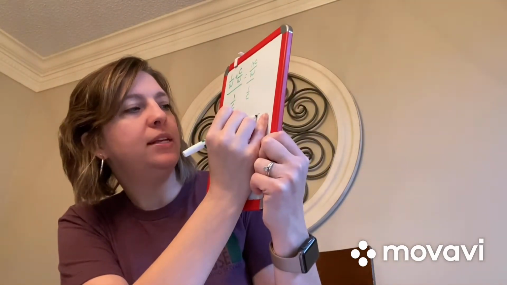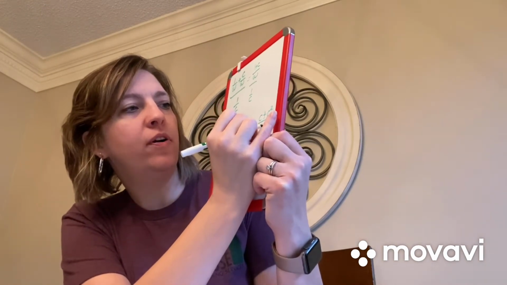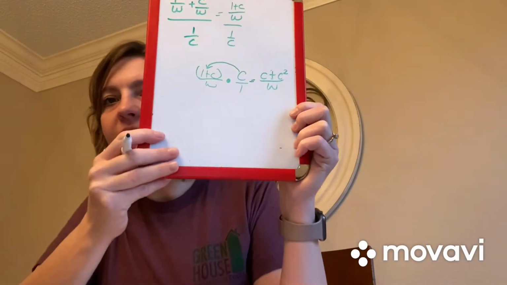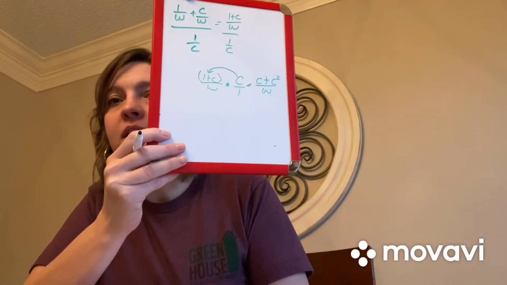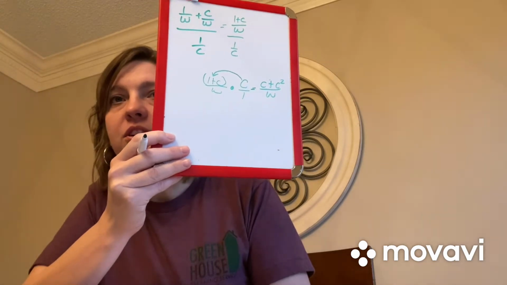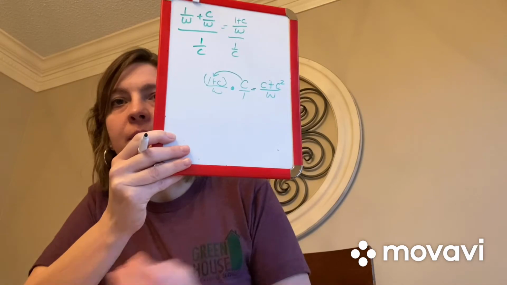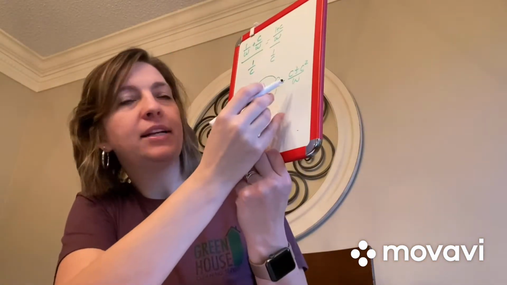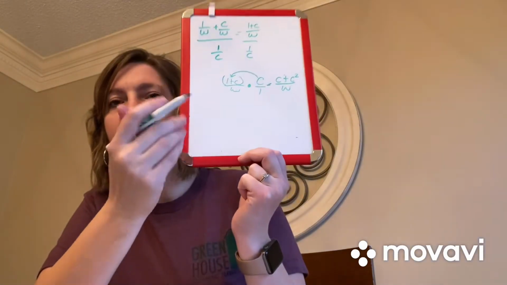So it's going to be C plus C squared over W. And that's my final answer. My final answer, because I distributed that to both parts, there's nothing more that I can do. And so that is practice A. W just is the new denominator.